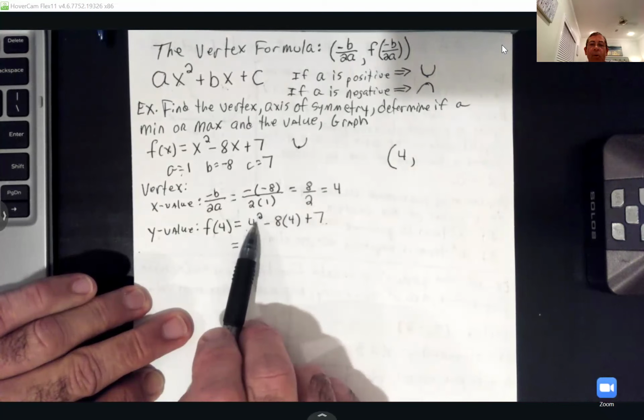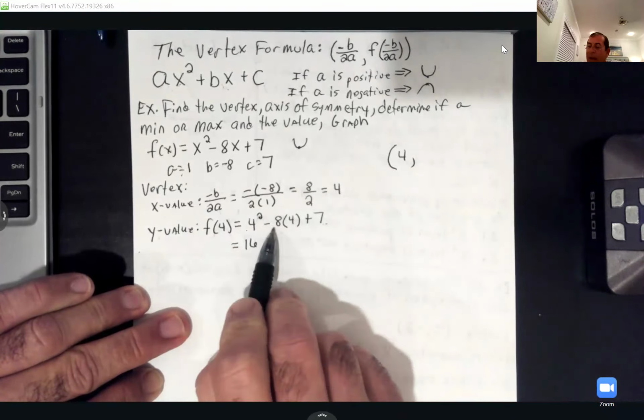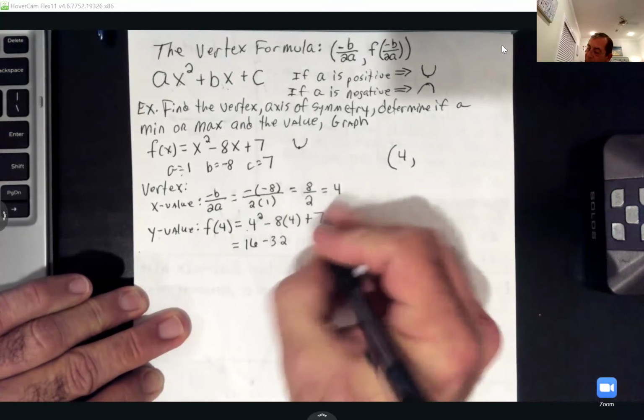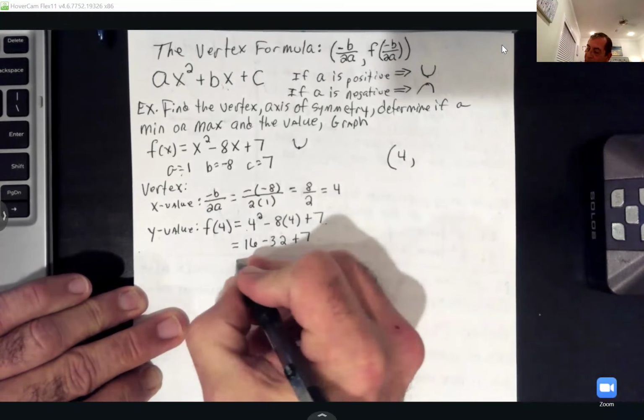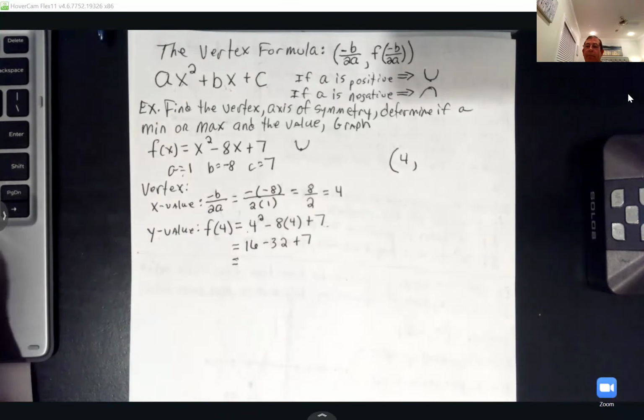By hand, 4 times 4 is 16. Minus 8 times 4 would be minus 32. And then plus my 7. So y'all look here. 16 minus 32 is a negative 16.